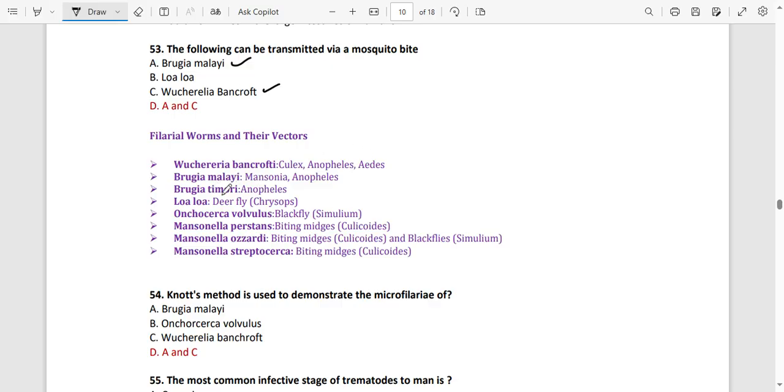And then you also have Brugia timori. Loa loa is transmitted, we mentioned this already, by Chrysops, which is a deer fly. Onchocerca volvulus is the black fly, Simulium. And then you have also Mansonella, which is transmitted by the Culicoides, which is the biting midge.